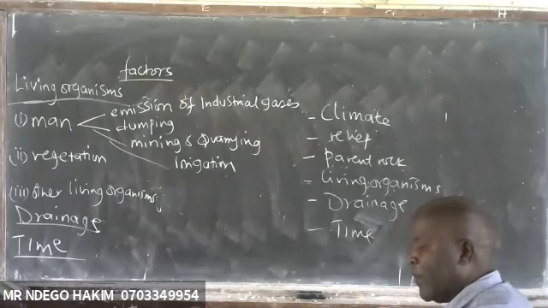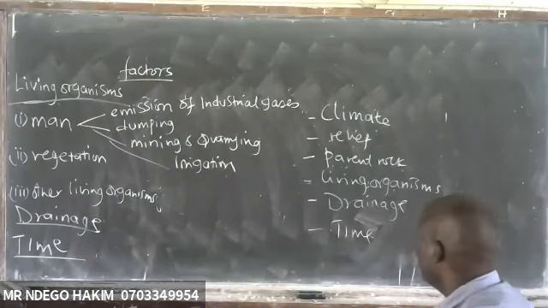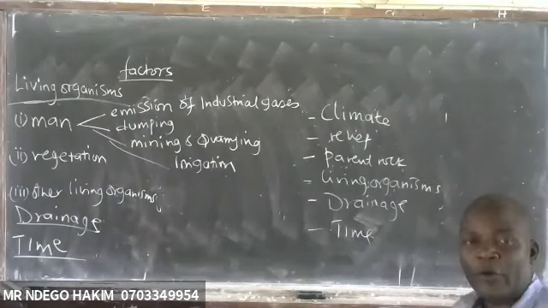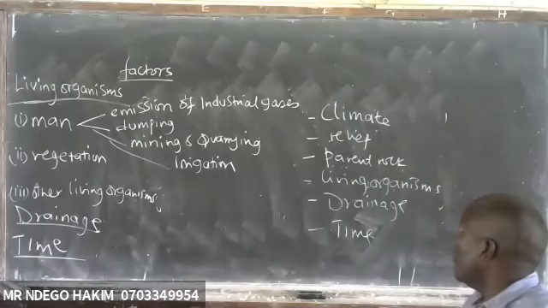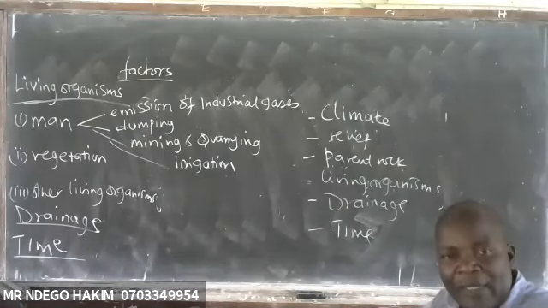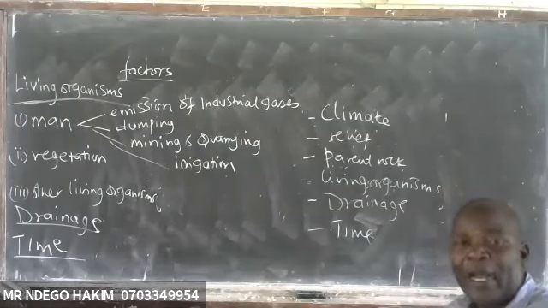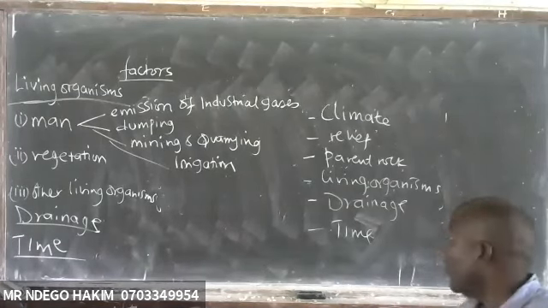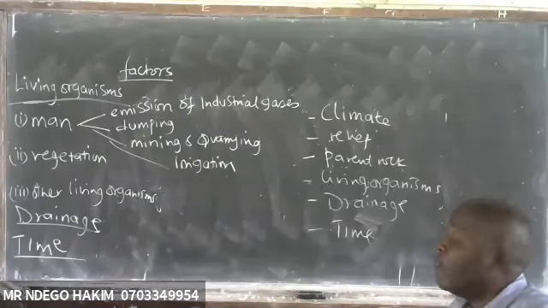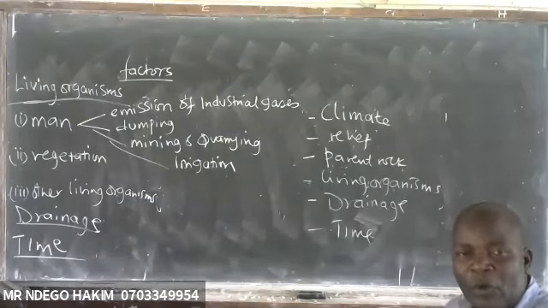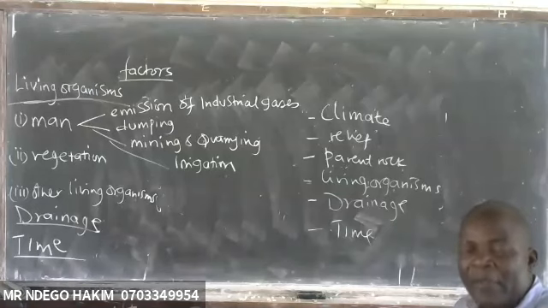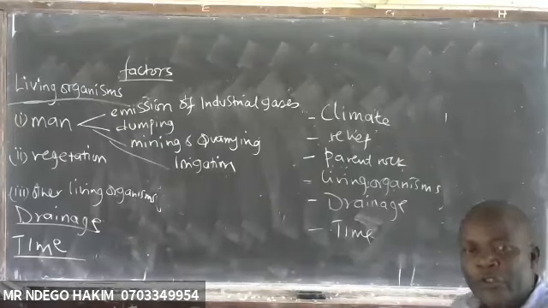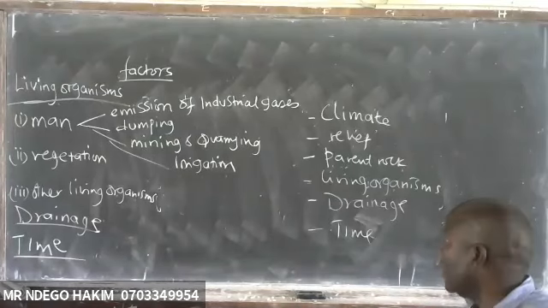We can now see that when we looked at climate, we considered rainfall and temperature. When we looked at relief, we considered gently sloping and low relief, and then steep slope exposing the parent rock to agents of weathering. Then we looked at parent rock, and for parent rock, we looked at mineral composition, permeability, jointing, and we categorized them.